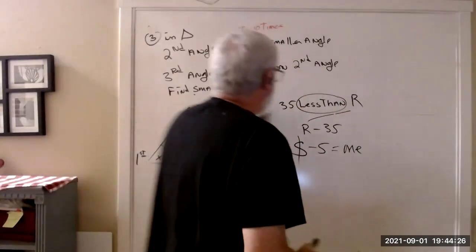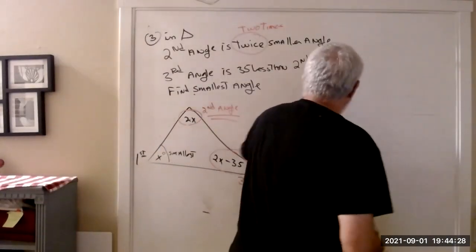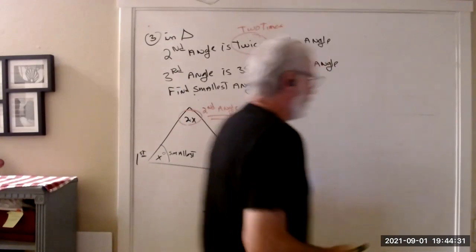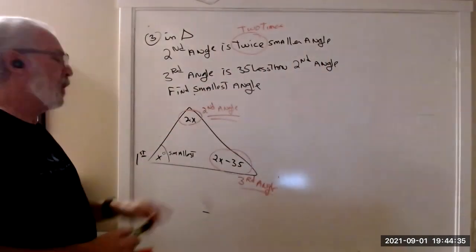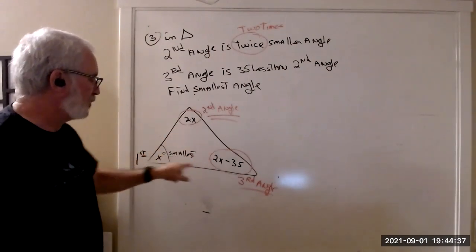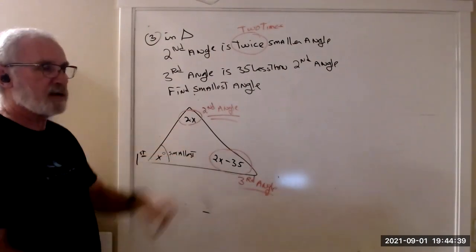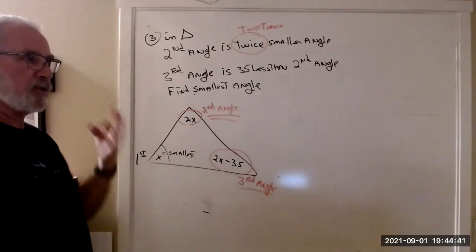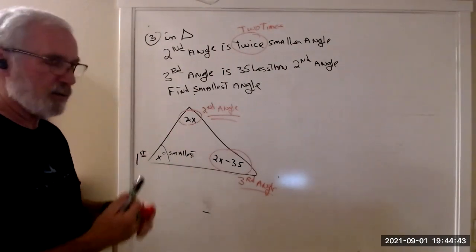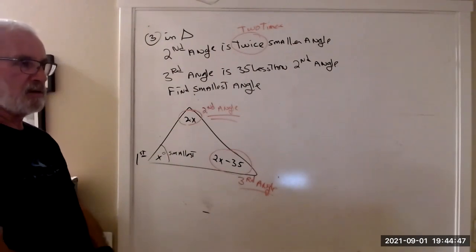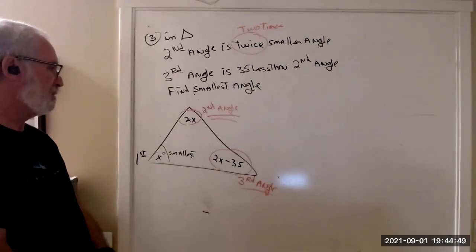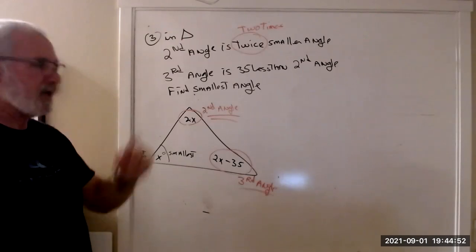Now, where in the world is the equation? One of the facts that you need to know: what do the 3 angles of a triangle always add up to be? The 3 angles of any triangle, no matter how I draw it, what do they always add up to be? Anybody know? You said 180. Excellent.